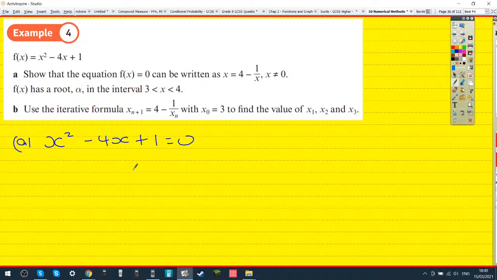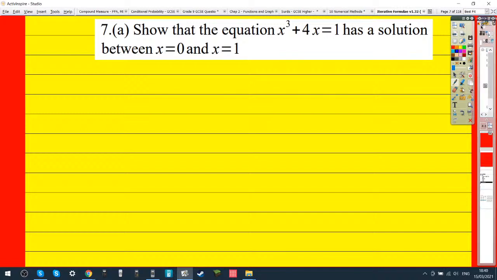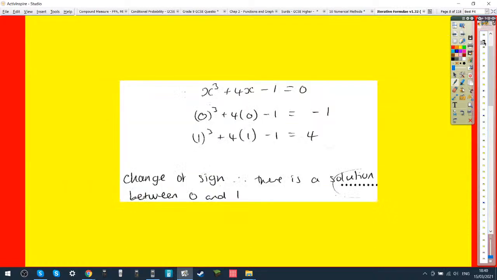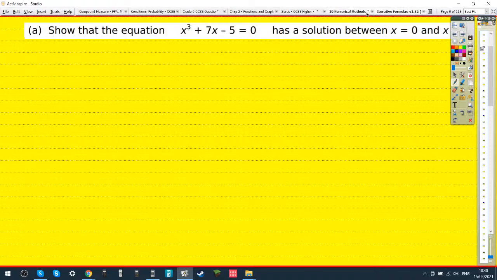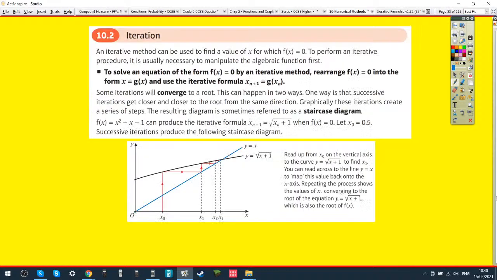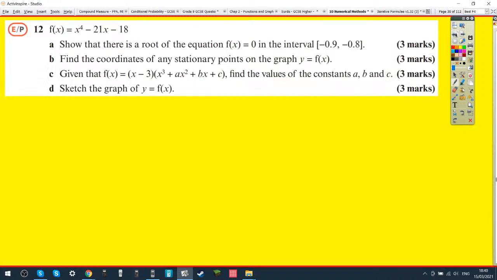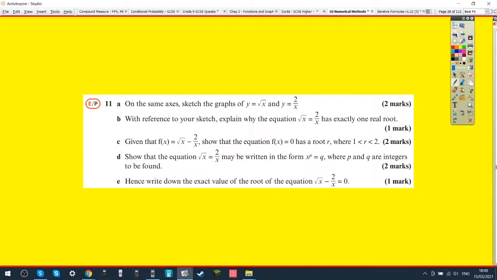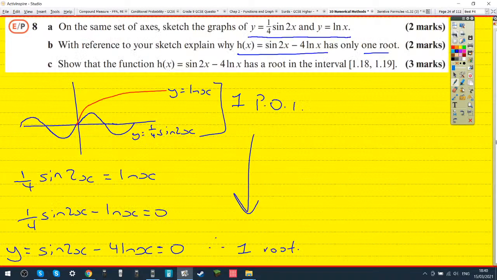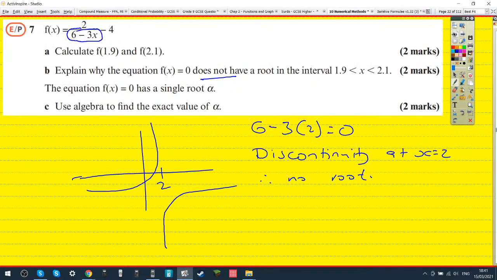Are we going to complete the square? So you're kind of used to a better way of going about this. Unfortunately, let me just go back a second. The purpose of this: these types of equations are all good, but if I asked you to solve a quarter sine 2x minus ln x equals 0, it's not as easy.